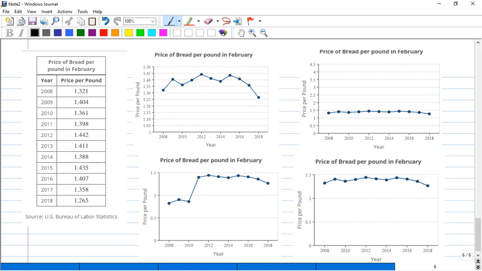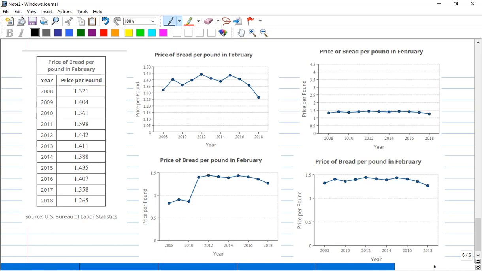So let's think about the prices. They went from $1.32 to $1.26. So that's not a whole lot in money, right? So any of these graphs that show big changes probably are there to mislead.